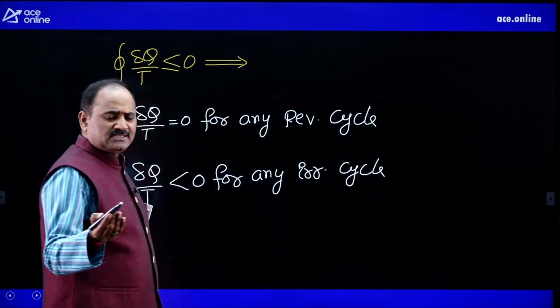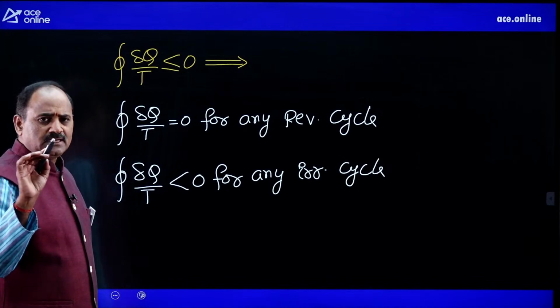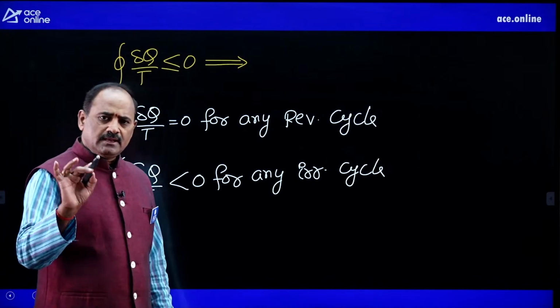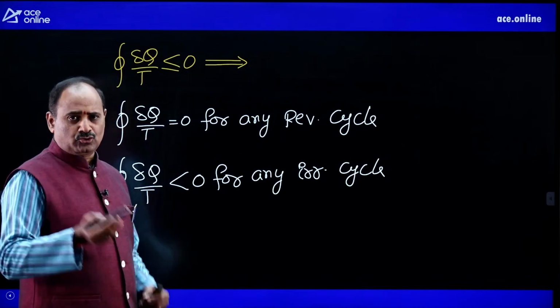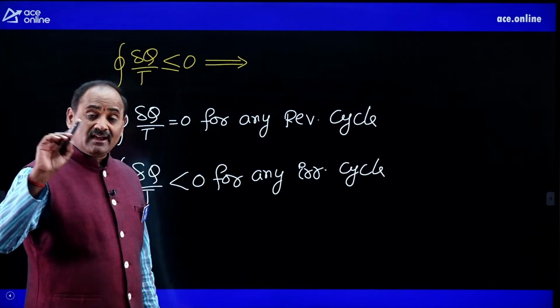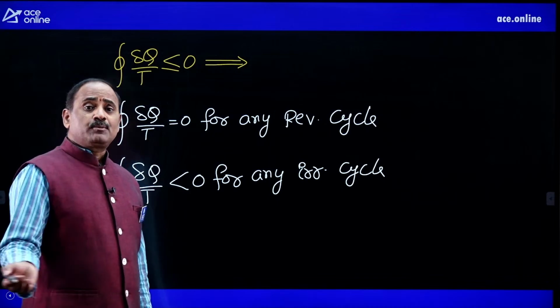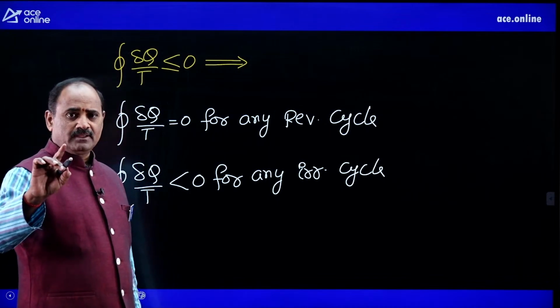Take an irreversible cycle like the vapor compression refrigeration system. Generally, a vapor compression refrigeration system is constructed with a capillary tube. The capillary tube works on a throttling process, and the throttling process is a highly irreversible process.